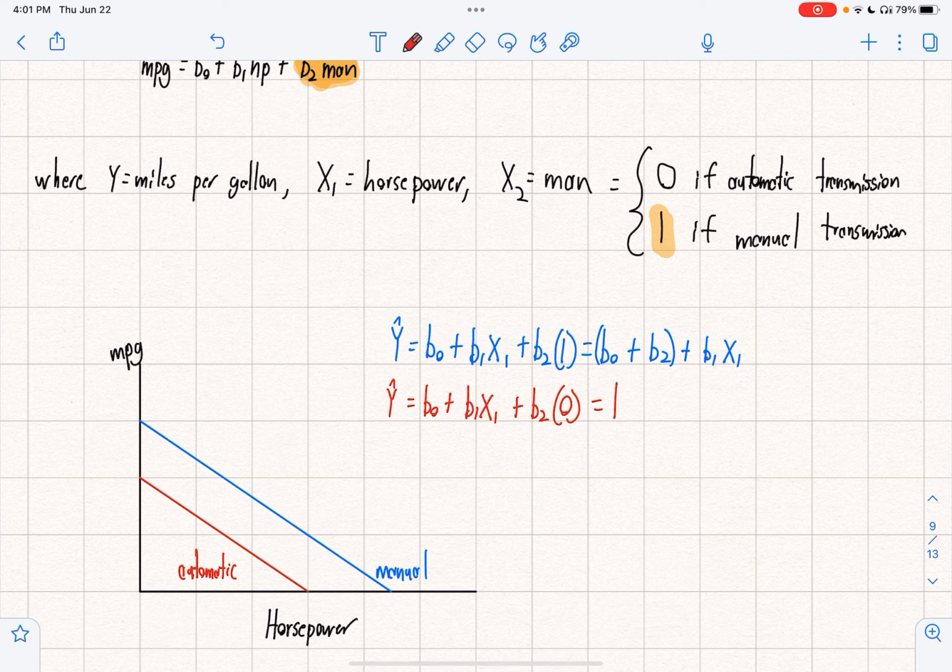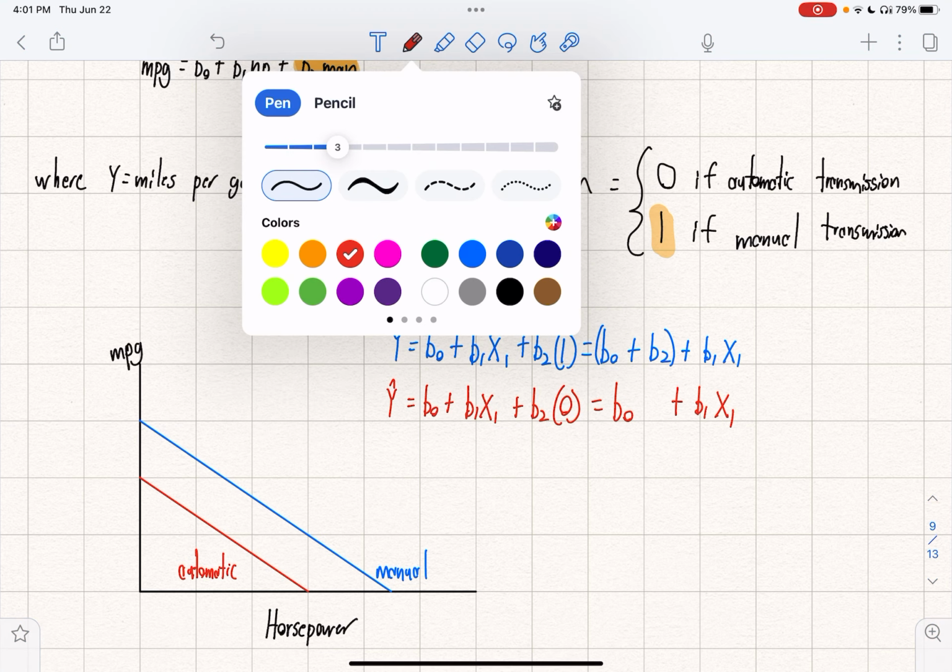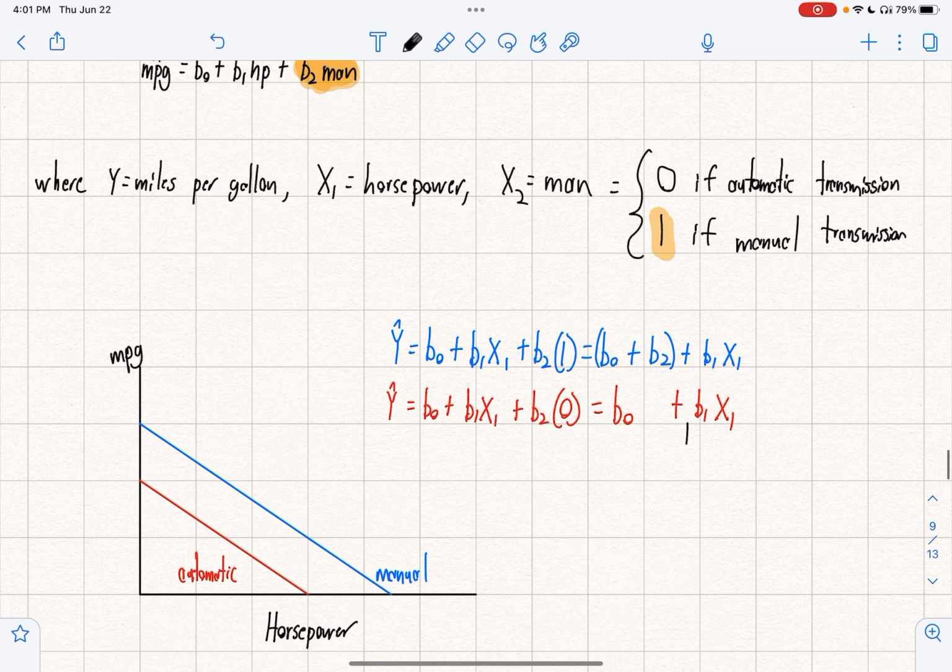And so we would then simplify this to just b naught plus b1 x1. So when we do that, we can see that they have the same slope, b1 x1, same slope. However, they have a different intercept.